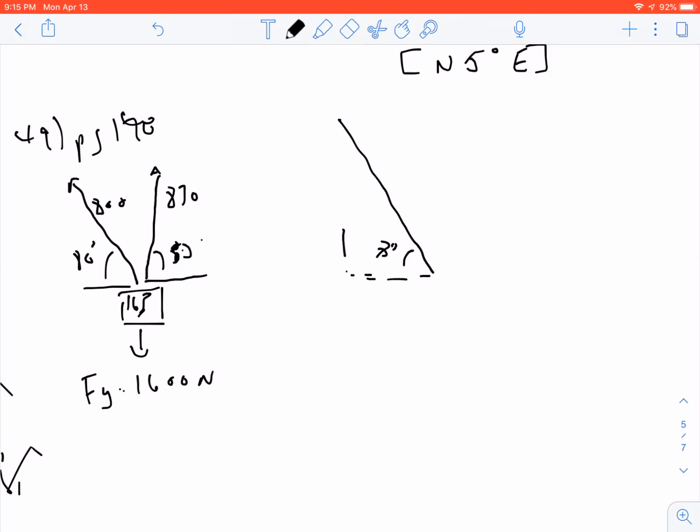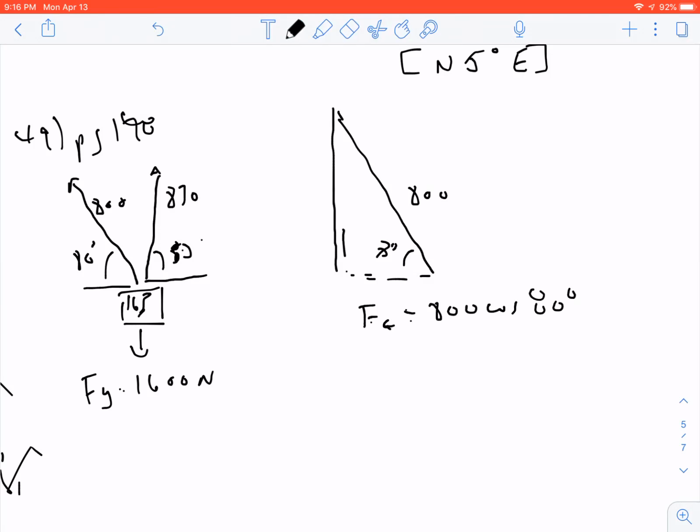And I have 800 newtons. My force left is going to be 800 times the cosine of 80 degrees.